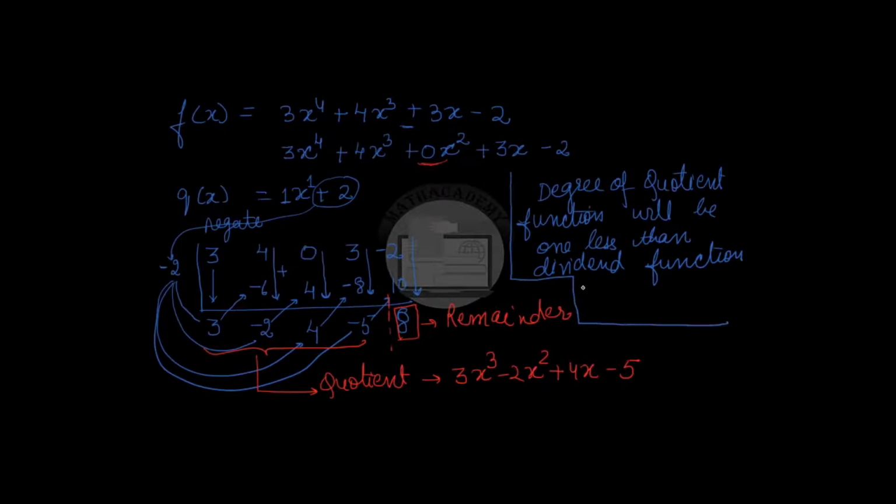Is this clear? We see here that the degree of the quotient function is 3 and the degree of our dividend function is 4. So the degree of the quotient is 1 less than the degree of the dividend because we are dividing by a linear function.